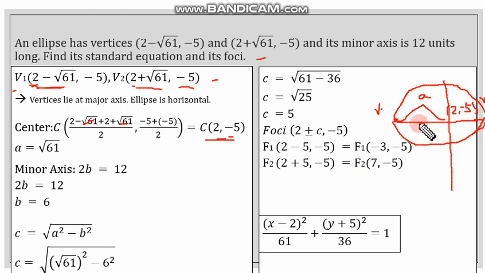Now from the center to vertex 1, that's a units. From the center, 2 minus square root of 61, this is the value of our a, and 2 plus square root of 61 to the right of our center. So that's the value of a. Therefore, a is equal to square root of 61.